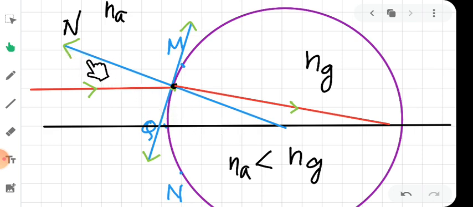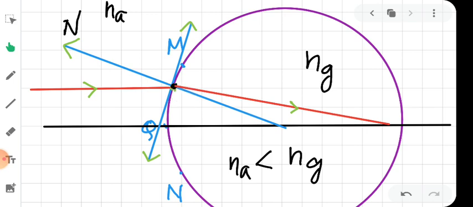Now there is something interesting about this normal. Since this point is a point on the sphere, but as you can see it's in two dimensions, it appears as a circle, and this is the tangent at the point on a circle, and this normal is perpendicular to the tangent. What other line is perpendicular to the tangent?